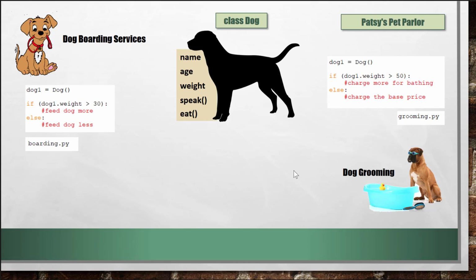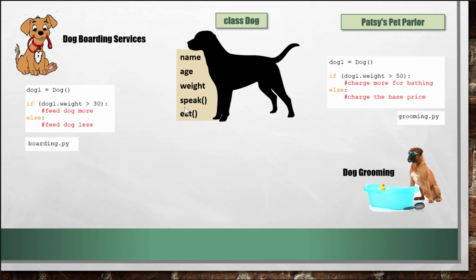Whether we're grooming the dog or boarding the dog, it still has those same characteristics that we defined in the blueprint. So if we want to create a dog in dog grooming or in dog boarding, to keep consistent, for example, all of our files are going to have a variable called name, age, weight. Both of these programs are going to have access to the dog speak and eat methods.